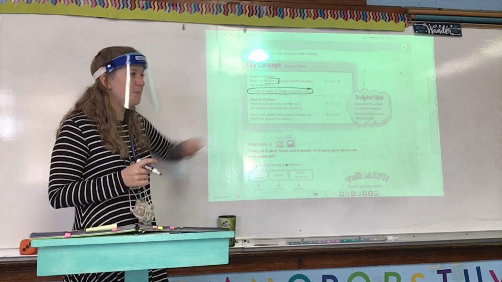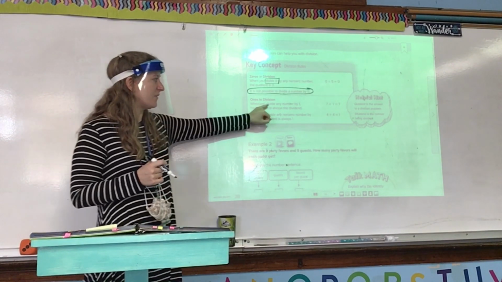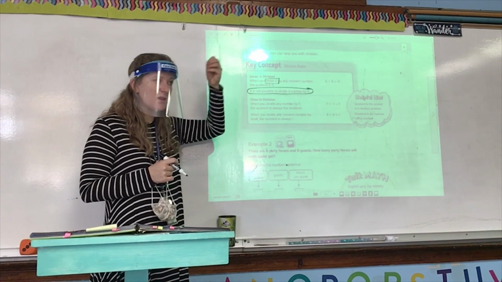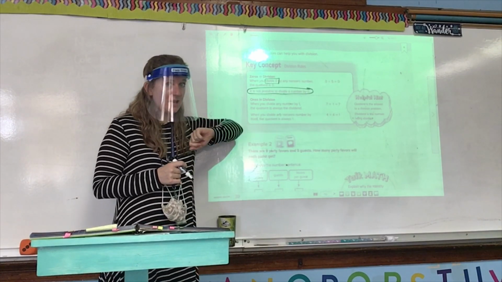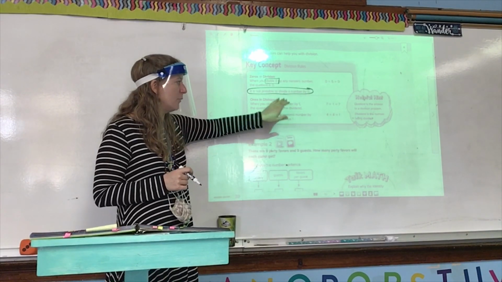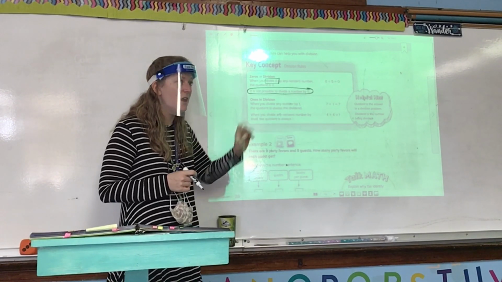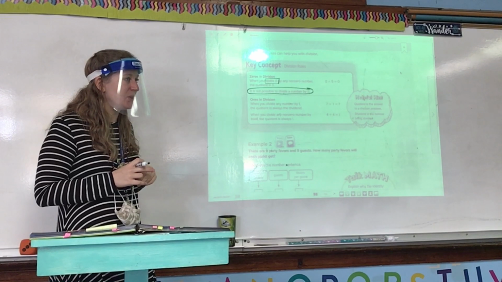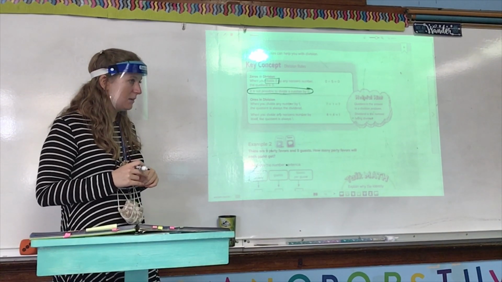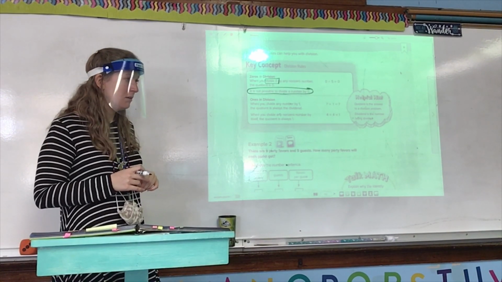So the first part of ones in division is when you divide any number by 1, doesn't matter what the number is, the quotient, aka the answer in a division problem, is always going to be the same as the dividend, the first number in the division problem. So give us that example, Zadie. 7 divided by 1 equals 7.